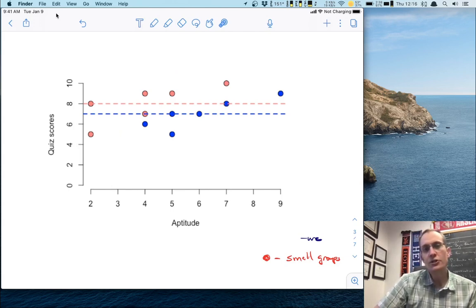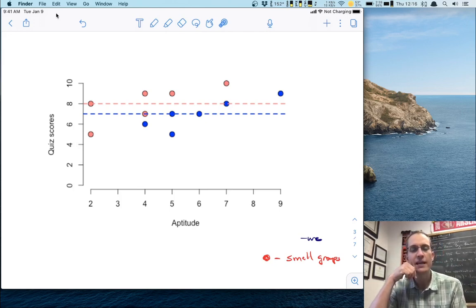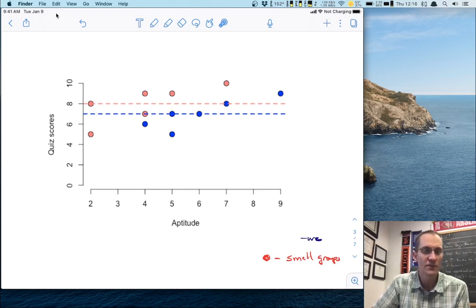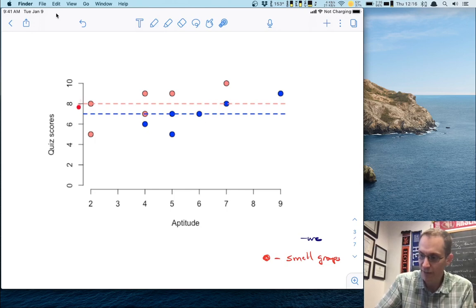Now, in order to do this magical notion of statistical control, we're going to say there seems to be a relationship between aptitude and quiz scores. Namely, as aptitude goes up, so do quiz scores. If we could quantify that relationship separately for each of these groups, maybe we could use those relationships to get adjusted means. Rather than just 7 versus 8, maybe we would be able to spread that out a little bit.